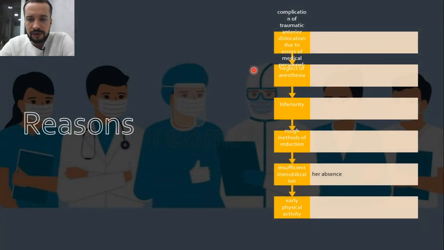The most common habitual dislocation is a complication of traumatic anterior dislocation due to errors of medical personnel, neglect of anesthesia or its inferiority, rough methods of correction, insufficient immobilization or its absence, early physical exertion.